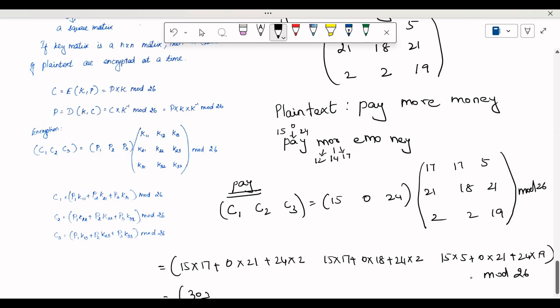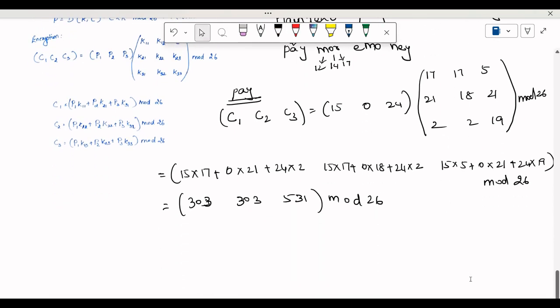If I multiply and add these things, I will get 303, and this one is again 303, and then 531 mod 26. So 303 mod 26 is 17, 17, 11.